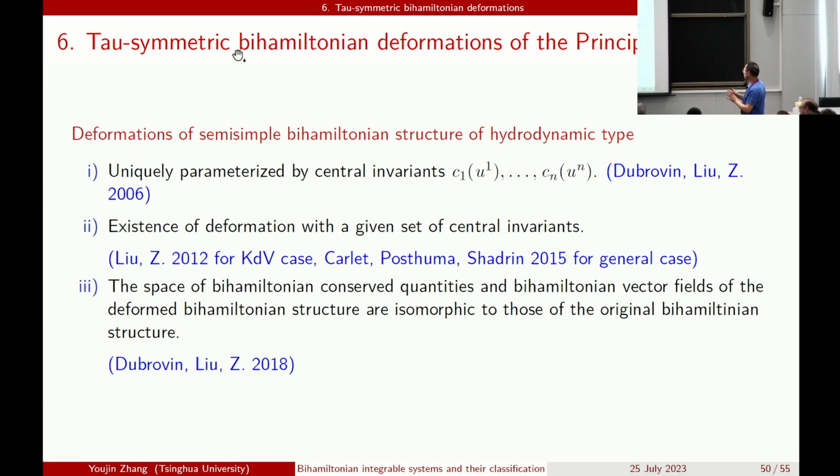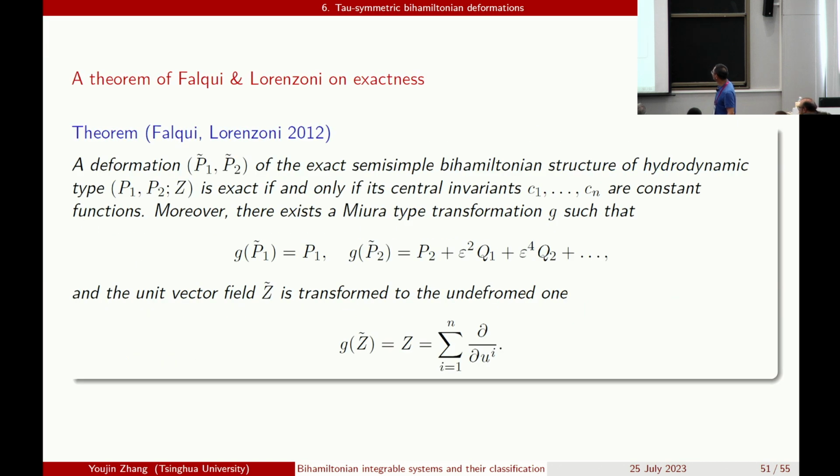Okay. So this means that we actually have a lot of integrable hierarchies which possess bihamiltonian structures. And if we impose more conditions, namely that this deformed integrable hierarchy also possesses tau functions, then we need to impose certain additional conditions. So if we impose the condition that our semi-simple bihamiltonian structure of hydrodynamic type is exact, then we consider its deformations.